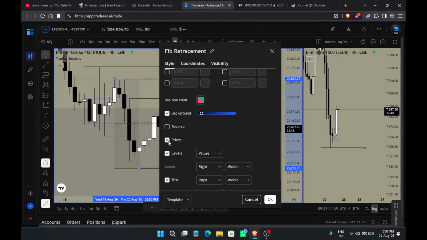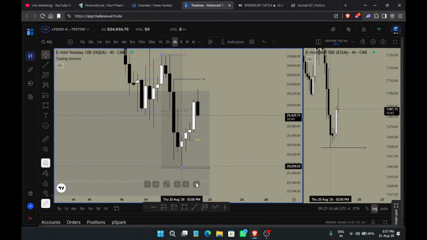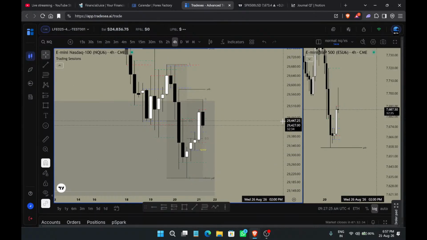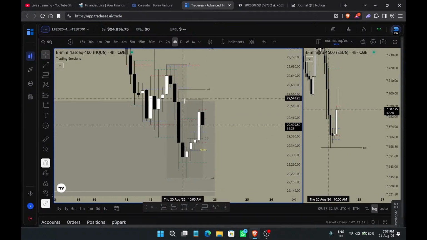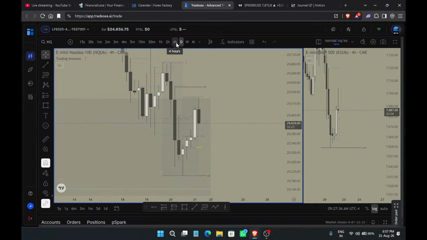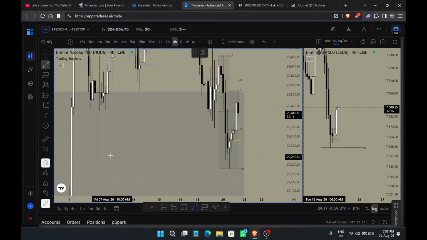It's the range here, so we take this range, this discount range, inside of what? We want this range low over here. What we want is this.